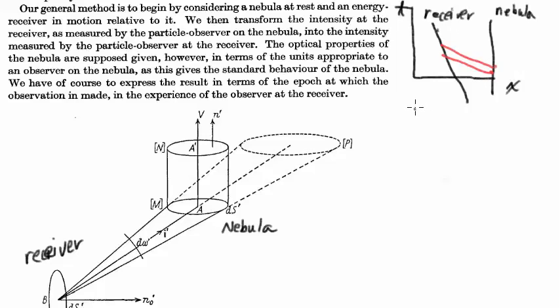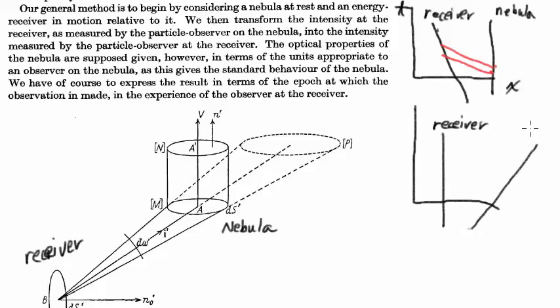Then we transform the intensity at the receiver, measured by the particle observer on the nebula, into the intensity measured by the receiver. So we'll do a Lorentz transform, considering the nebula and receiver coming like this. And so we'd be looking at, say, this and this, in our space-time diagram.